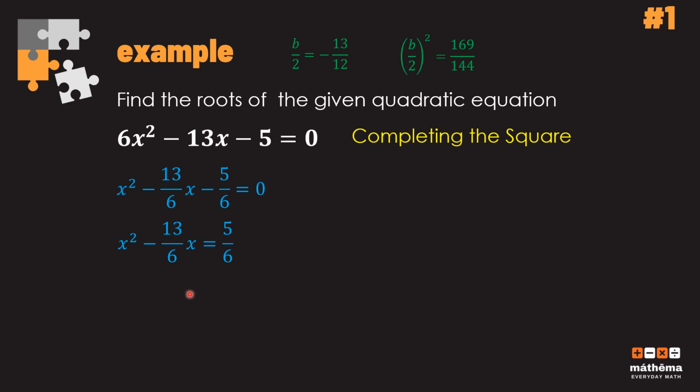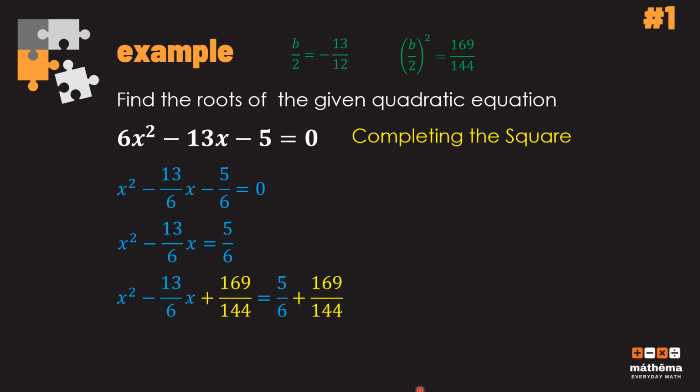And then again, we are going to add 169 over 144. So this is what will happen. So we have x squared minus 13 over 6x plus 169 over 144 is equal to 5 over 6. Then again, add 169 over 144.